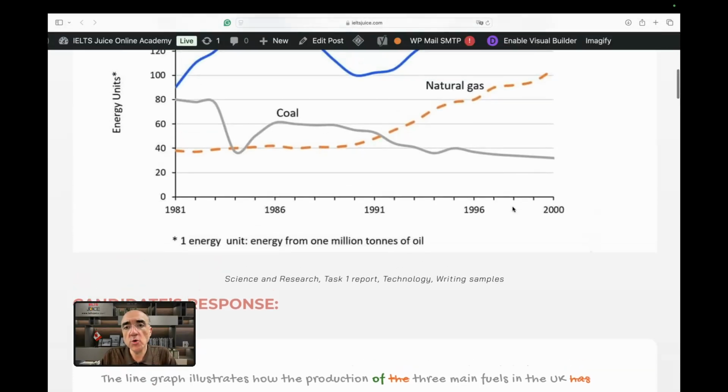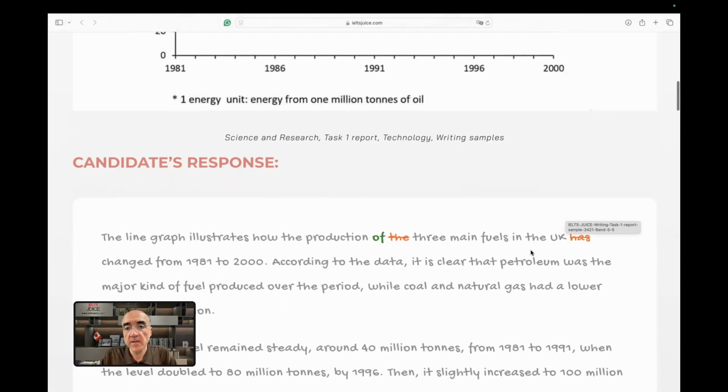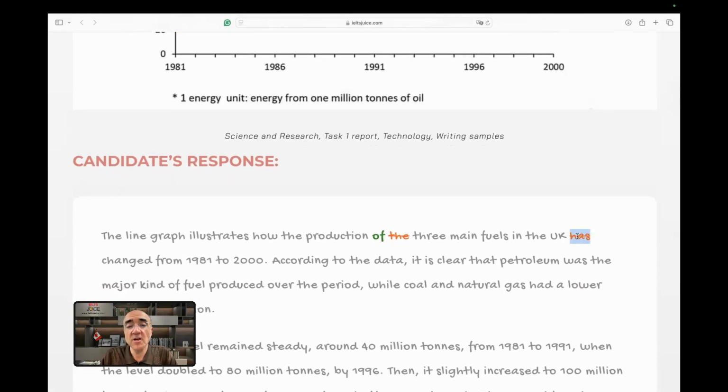We don't know which one is higher and which one is lower. We don't have that information. So this grammar is not just a grammar mistake, it is also a factual mistake, I'm afraid. So this is a very bad mistake.